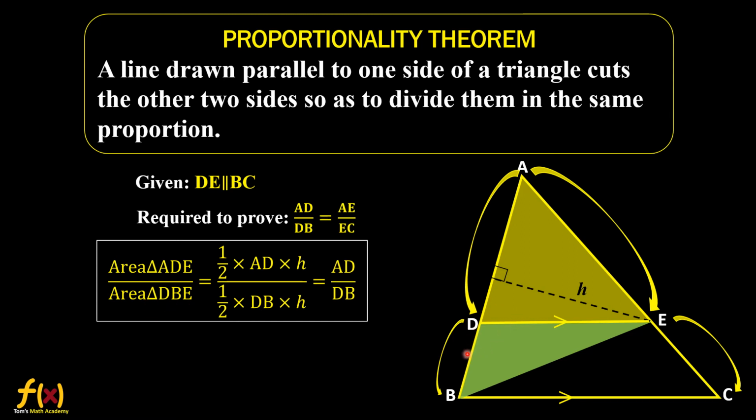What is the base? Base is DB. And what is the height? Again, the same height h. So we write half times DB times h. We simplify the numerator and denominator, half and half cancelled, h and h cancelled. We are left with AD over DB. Keep it. We continue.